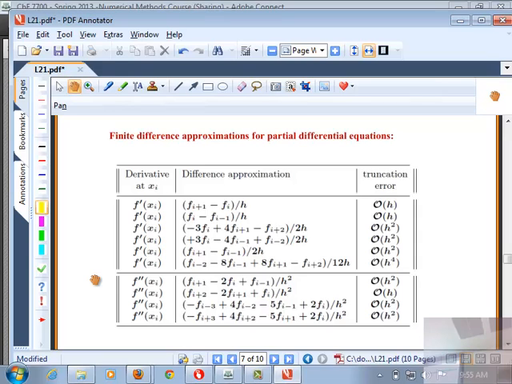Similarly for the second derivative, it will be i plus 1, i minus 1, a central difference. But for the first derivative in time, we will use forward or backward difference approximations. They are not very difficult, so I think we should be able to finish it hopefully today.